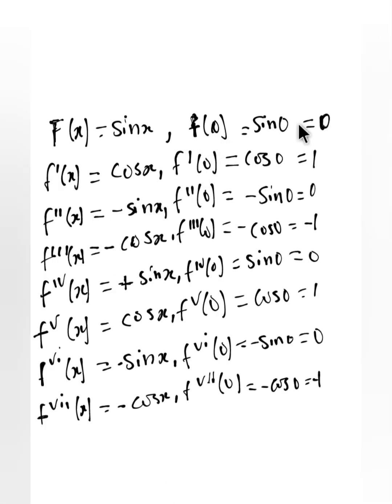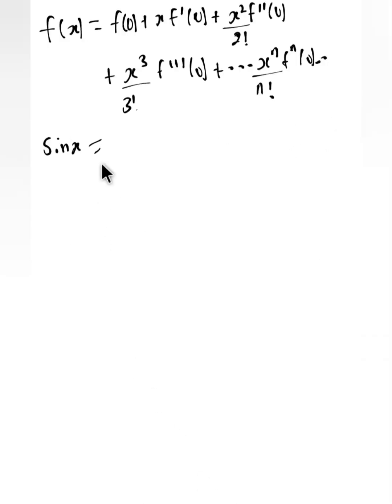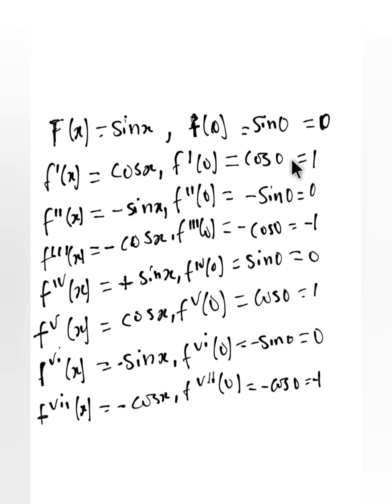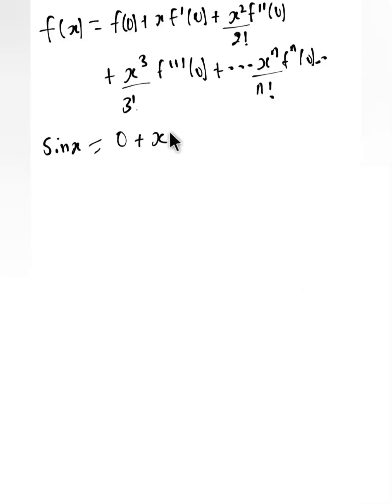So sine x can be expressed using f of 0. f of 0 is equal to 0. So f of 0 is 0 plus x f prime of 0. Now f prime of 0 is 1, so this is times 1, plus x squared over 2 factorial f double prime of 0.